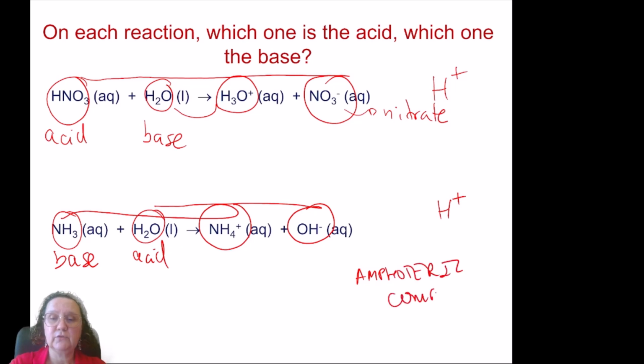Amphoteric compounds are compounds that can behave relatively well either as bases or as acids, depending on what compound they are reacting with, and they do it with ease.